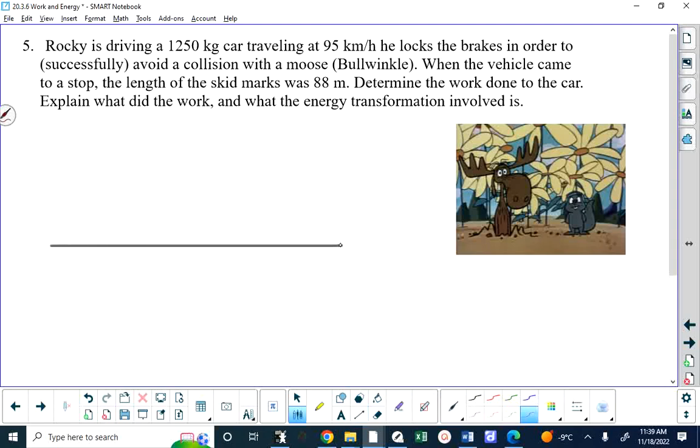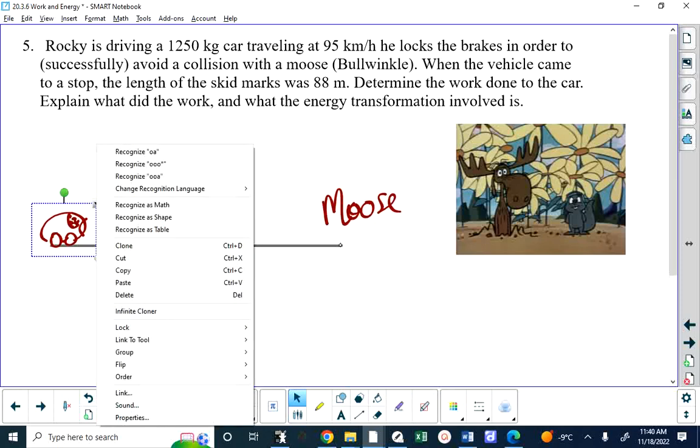So here's the moose. I'm not going to make any kind of lame attempt to draw Bullwinkle or a moose. There's the moose. Here is the car with Rocky in it. There's the headlight. There's Rocky. I'm not going to draw it so you can make out his or her features, because I don't know. I'm not that good of an artist.